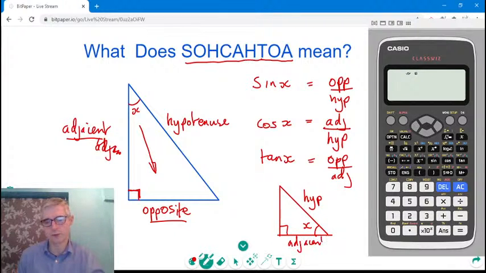So it's always important to know where the adjacent and the opposite are, and the opposite now is this one.